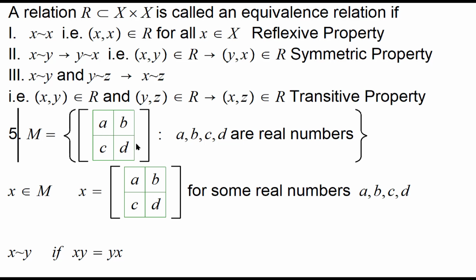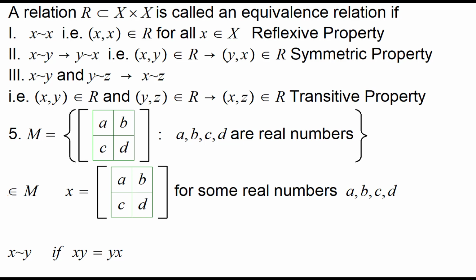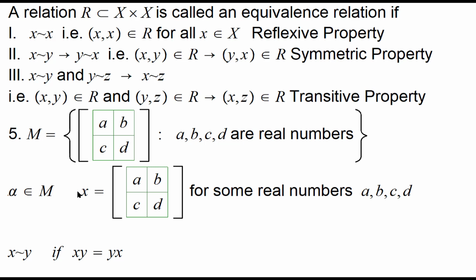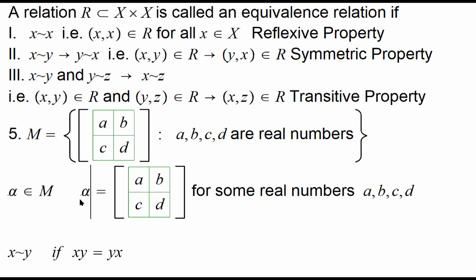And what we have is 2 by 2 matrices with real number entries. Let me just change the notation here. Instead of X, let me call it alpha, and instead of Y, let's call this beta.